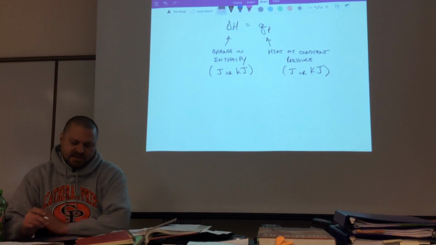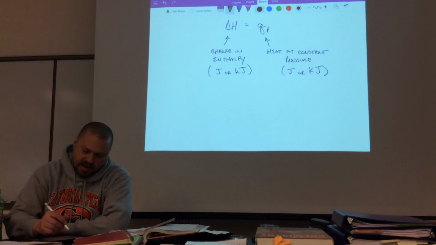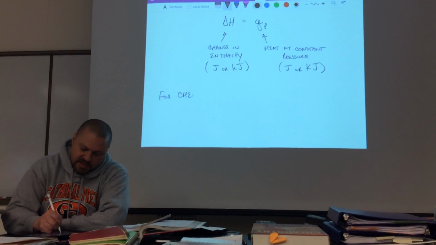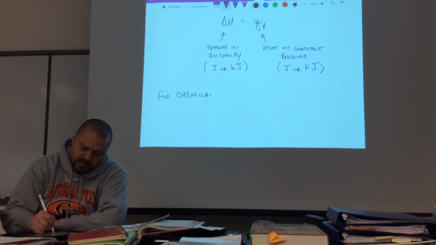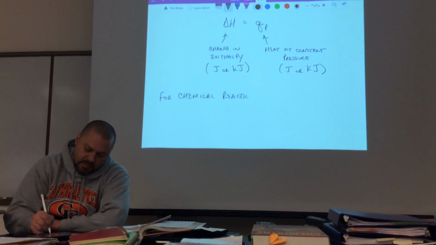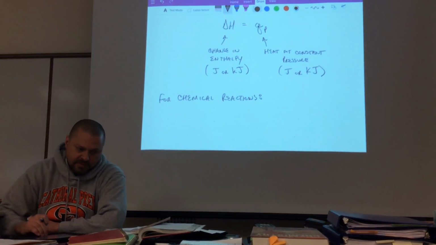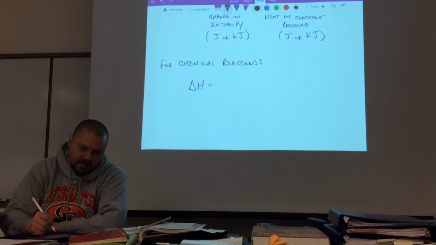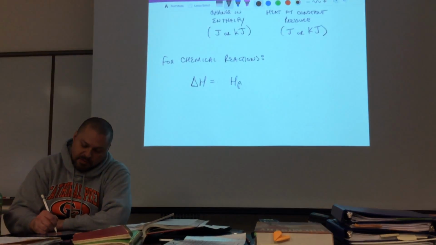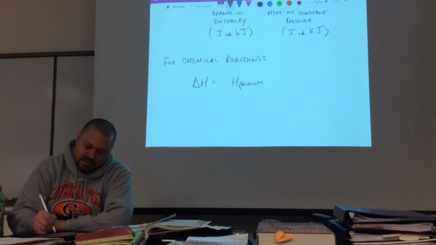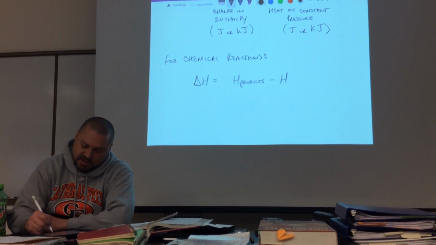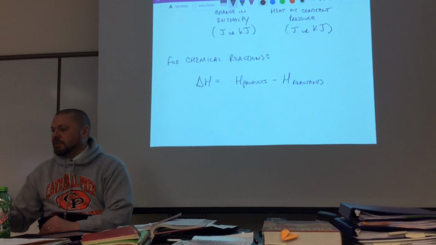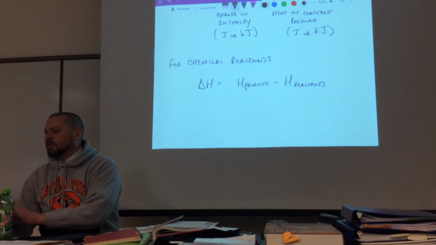Now, this is to get ahead a little bit, for chemical reactions. For chemical reactions, delta H would be equal to H of products minus H of reactants, which we'll get to in more detail in a little bit.